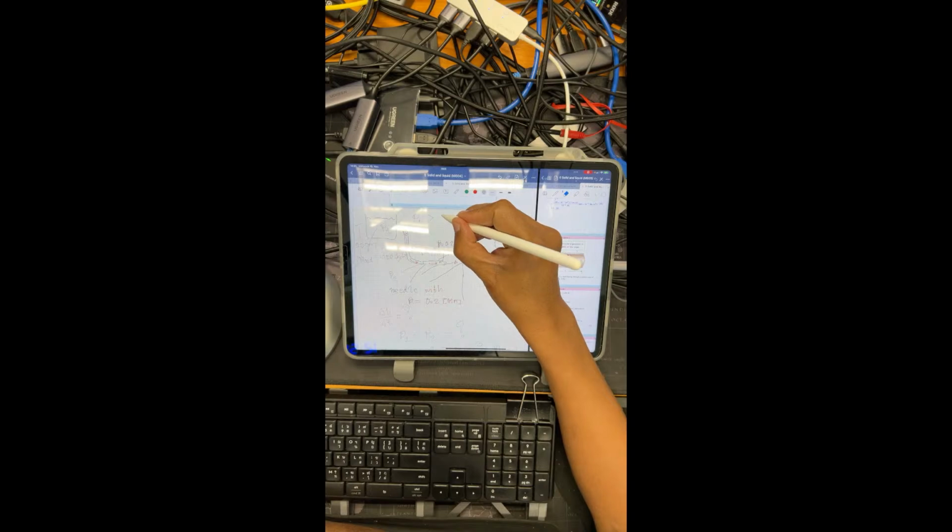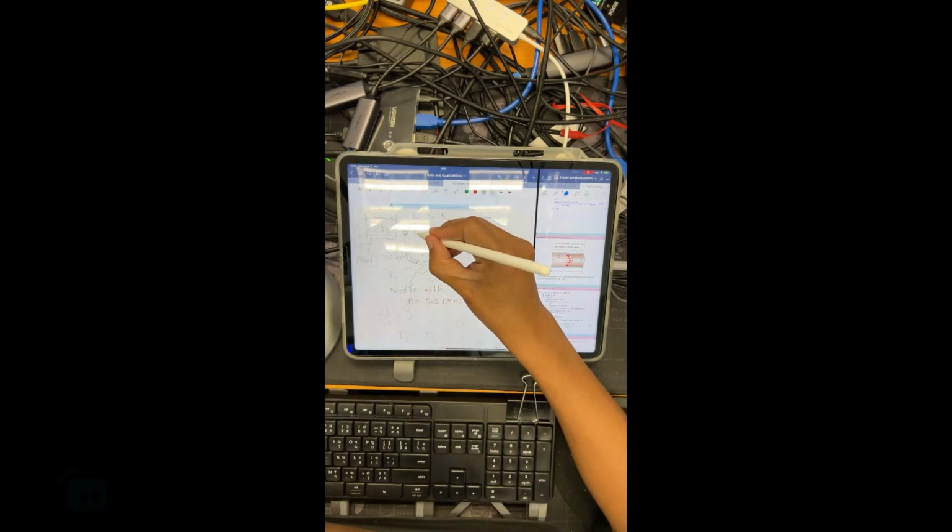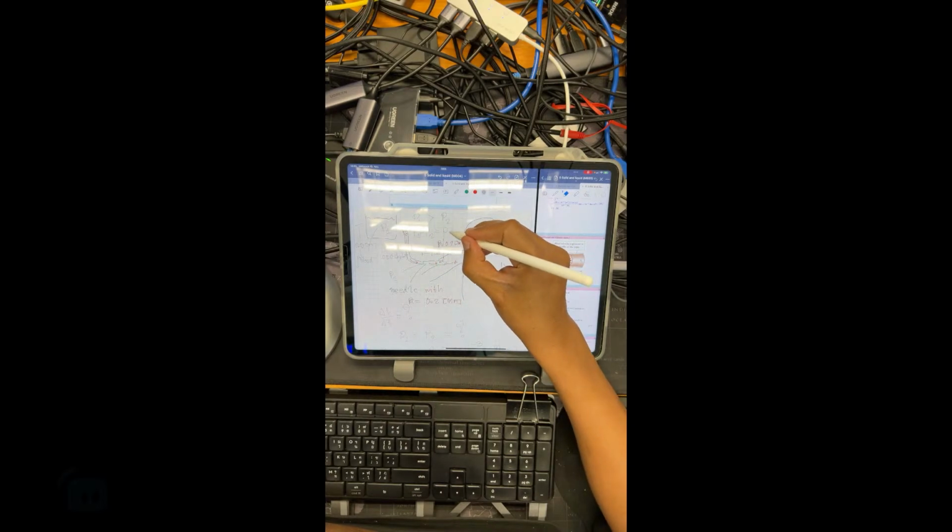P1 is greater than P2, of course, otherwise there would be no flow of blood at all. If P1 is less than P2, the blood is going to move reversely, in the opposite direction. P1 is greater than P2 by this amount, rho g h. Rho is the density of the blood, g is the gravitational acceleration on Earth, and h is the height.